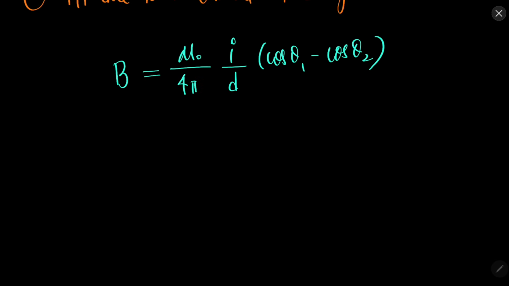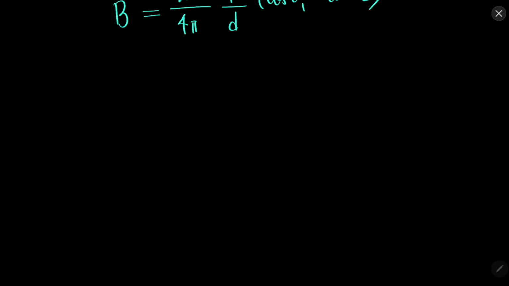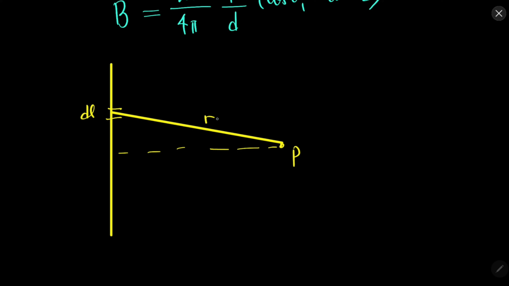Now what is all this? Let's take the scenario that this is our straight wire, this is our point P. Now we take this length dl, so this distance will be r. Now let's take this end and this end. These are the two ends of the wire. This makes angle theta 1, this makes angle theta 2 with P, and this angle is theta.